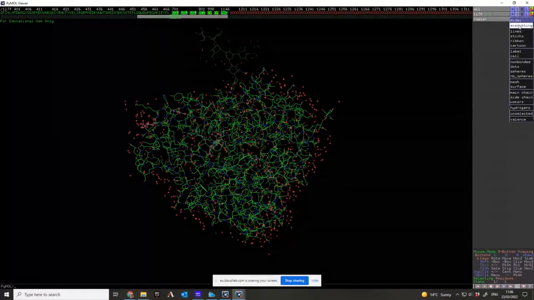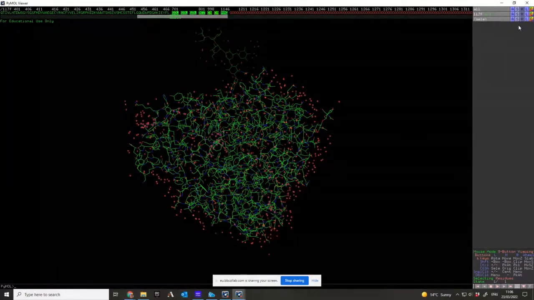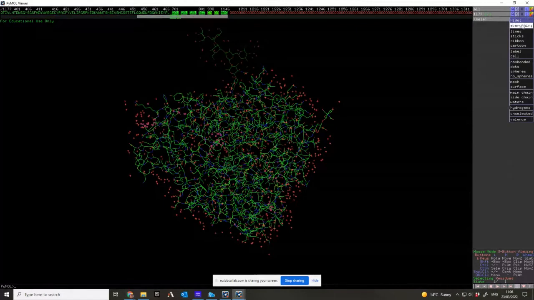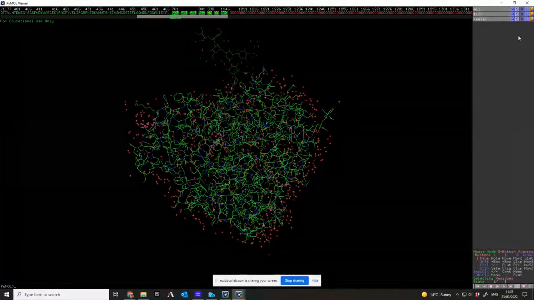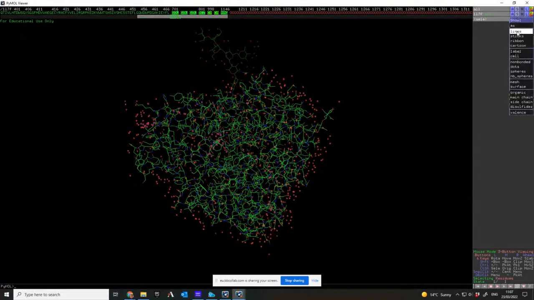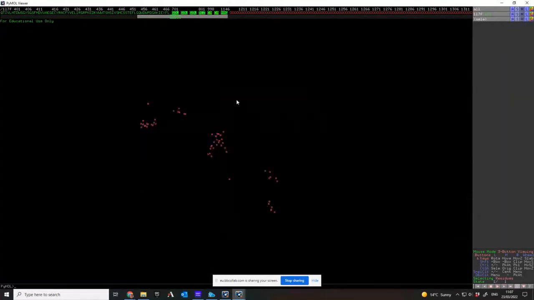so if I do hide everything temporarily, I didn't hide everything either. Sometimes, oh, that would be better. Let's hide everything. That's hid everything. So that's hidden the whole protein file.